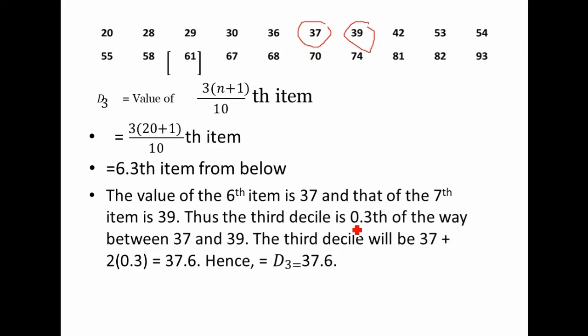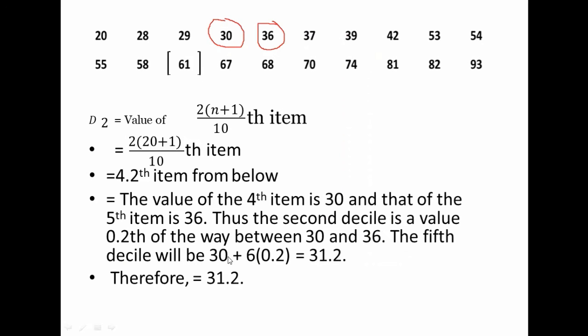So thus the third decile is 0.3 of the way between 37 and 39, and the third decile will be 37 plus 2 into 0.3. You see over here for the second decile, 30 plus 6 into 0.2.